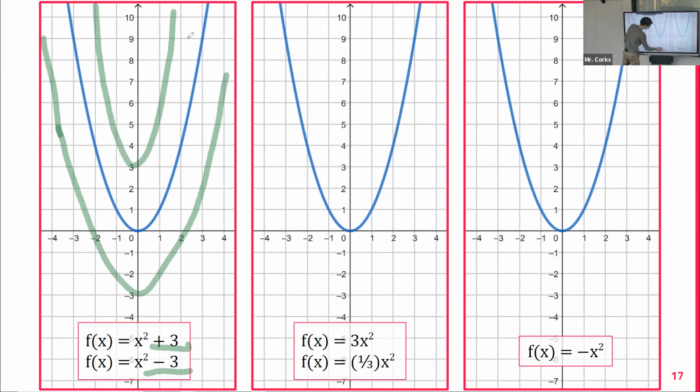Excuse me. This one is not to the right. No. Okay. So if we have y is equal to 3x squared, what's happening? Is it getting wider or is it getting narrower?